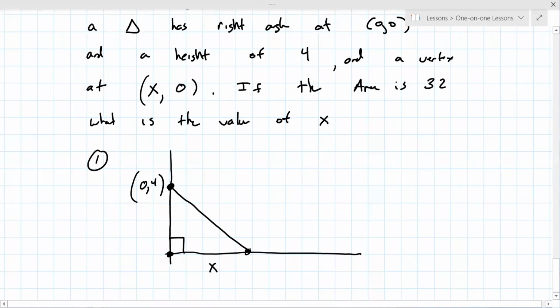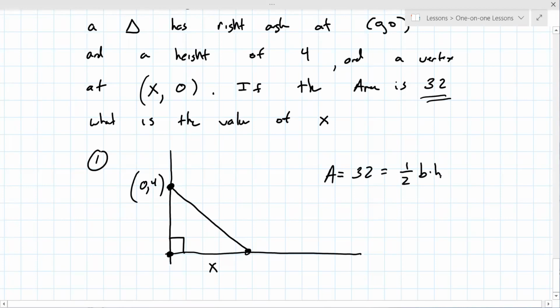What is the area of this triangle? It's 32. But more generally, that's 1/2 base times height.